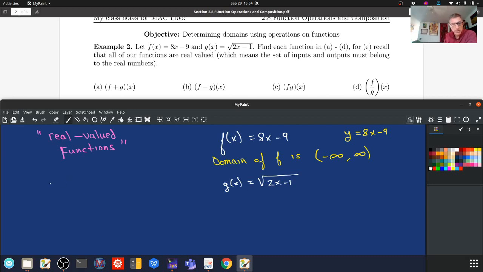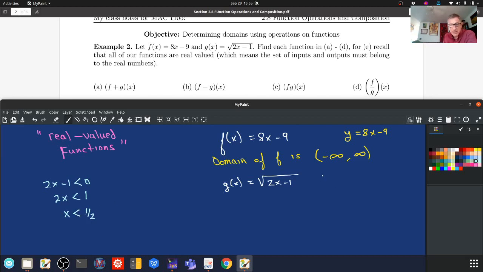So we go over here to the side and we solve the equation 2x minus 1 is less than 0. So that means 2x is less than 1. So that means x is less than 1/2. So that tells you the area of the domain that has to be restricted.